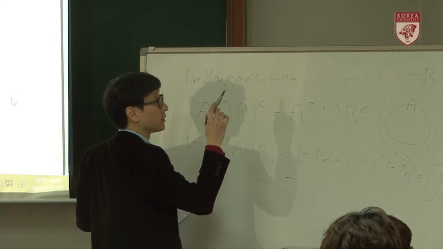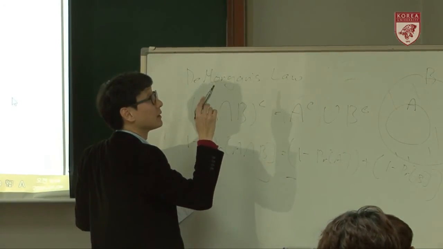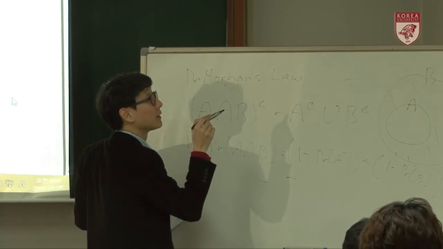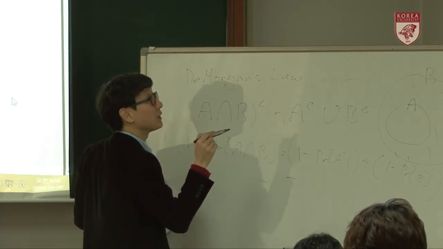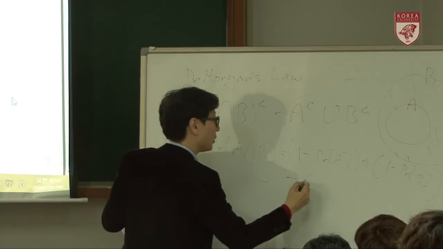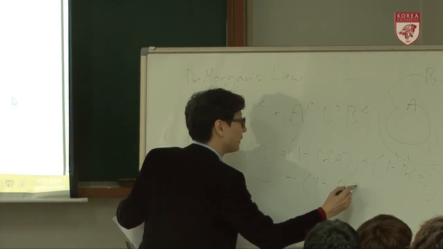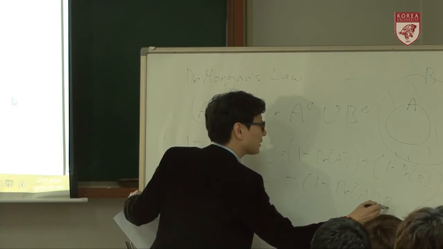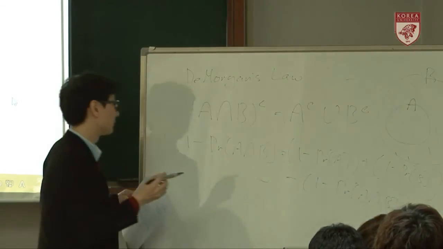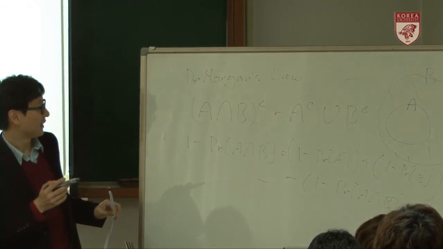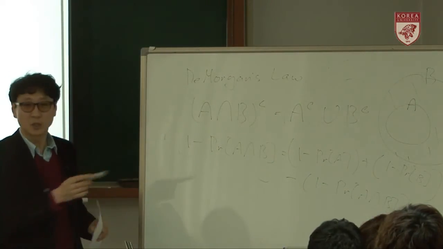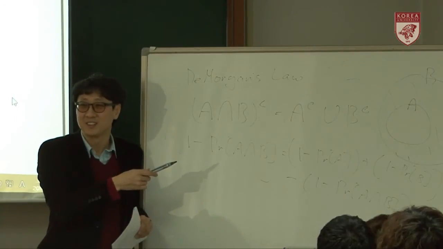The intersection of this one and this one is 1 minus probability of A intersect with B. Maybe. I think it is right. So something similar to this one.